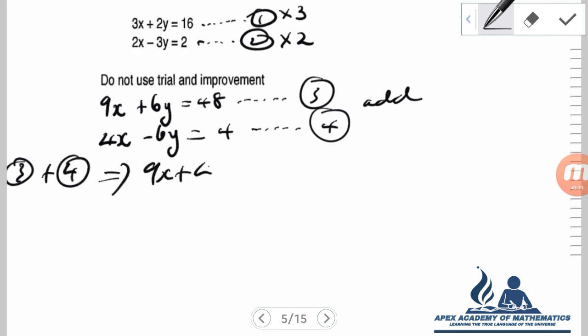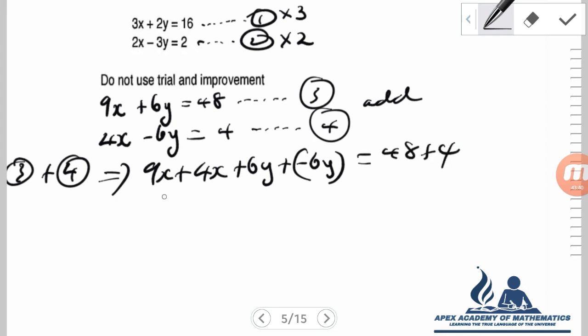Adding these two, I'm going to get 13x. Adding these two, additive inverse identity, I'm going to get 0, and adding those two, 48 plus 4, gives me 52. So if I divide both sides by 13, I'm going to get x equal to easily 4. So x is equal to 4.